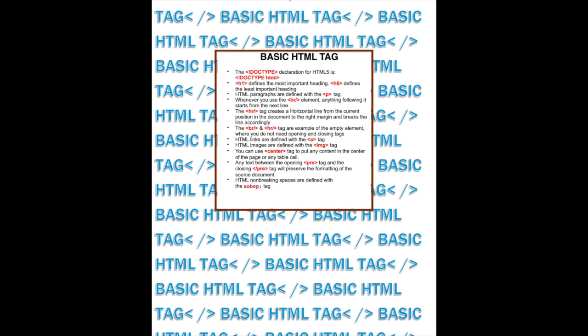HTML links are defined with the A tag. HTML images are defined with the IMG tag. You can use the center tag to put any content in the center of the page or any table cell.